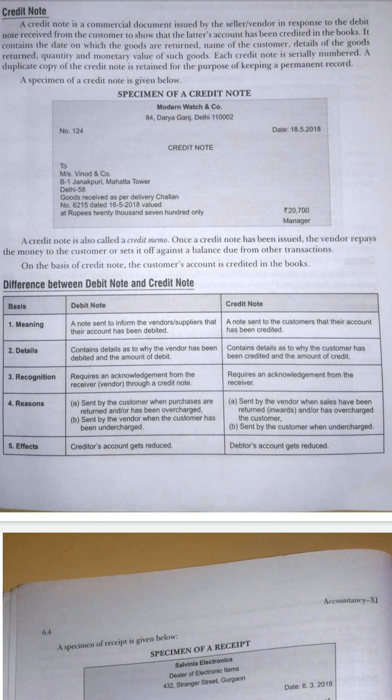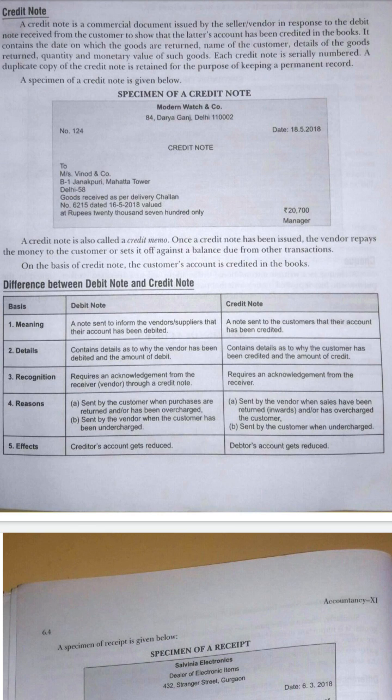So there are some differences between the debit note and the credit note. The first one is that the debit note is sent to inform the suppliers that their account has been debited, and the credit note is sent to the customers that their account has been credited. Okay.